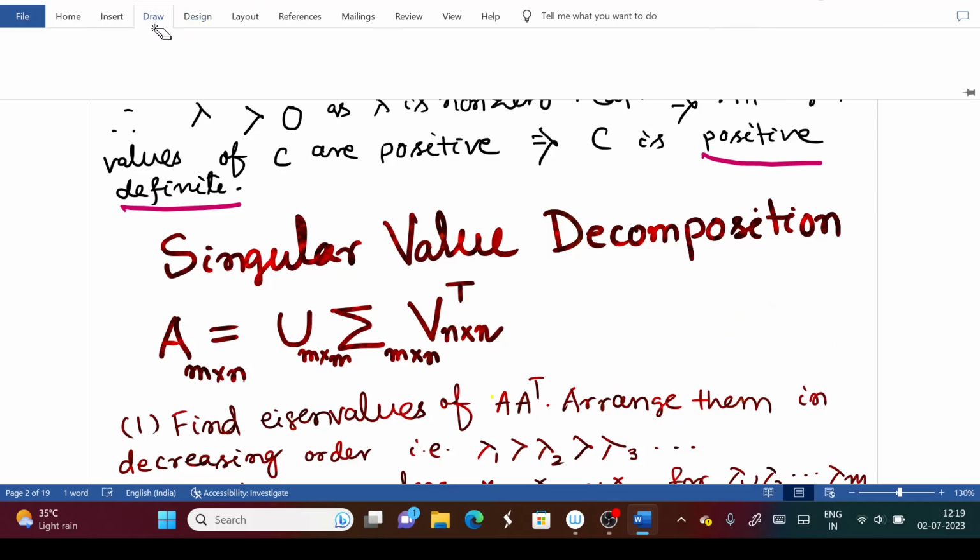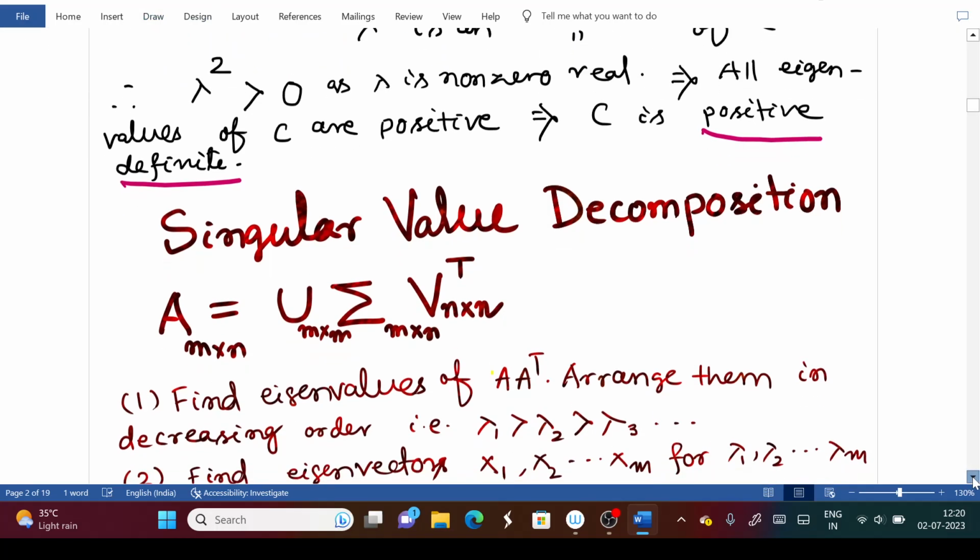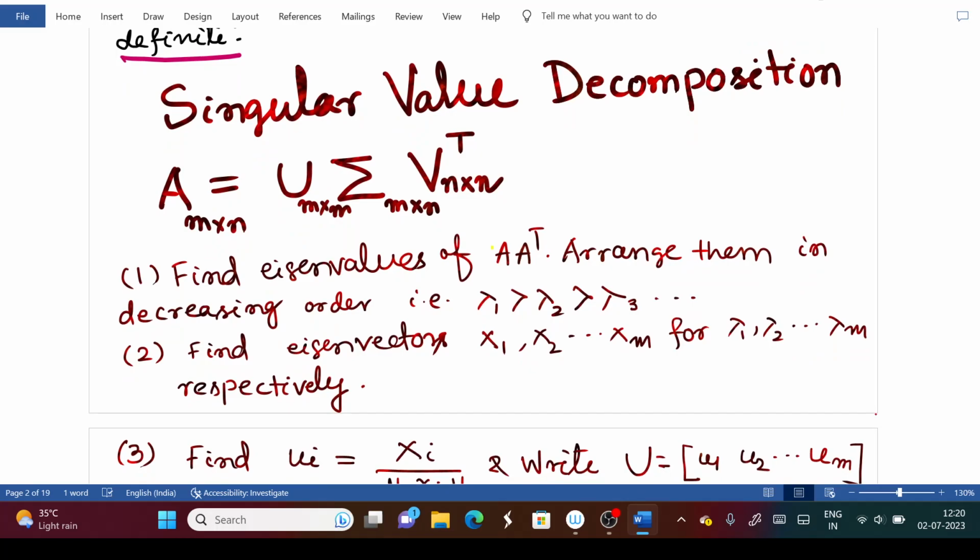Here we have one piece of information: for a given matrix A, the matrices A A transpose and A transpose A both have the same non-zero eigenvalues. That means if they have different eigenvalues, the differing ones are zero.